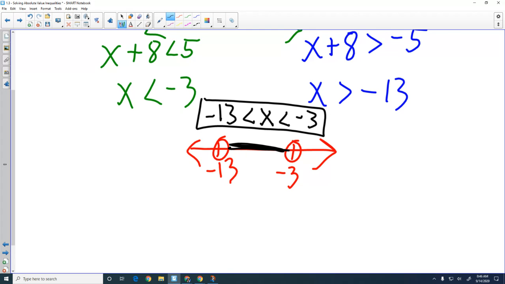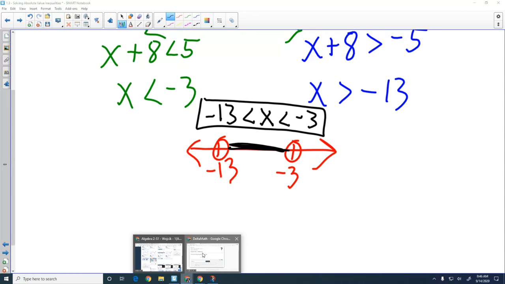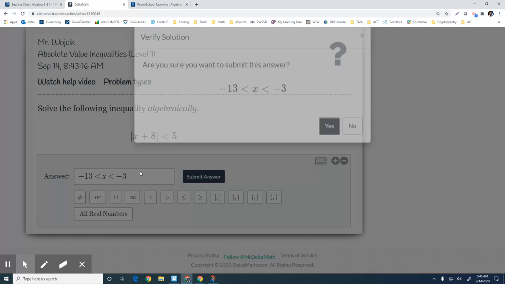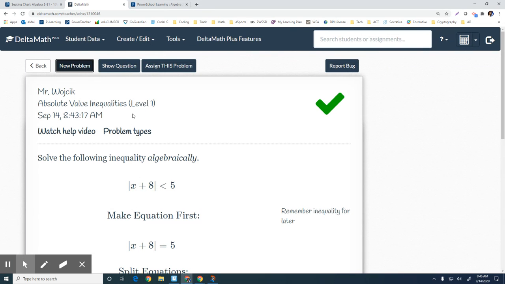So this right here is what I need to type into Delta Math for my answer. So from here, I would type negative 13 is less than x, which is less than negative 3. And we can just type it in just like that.